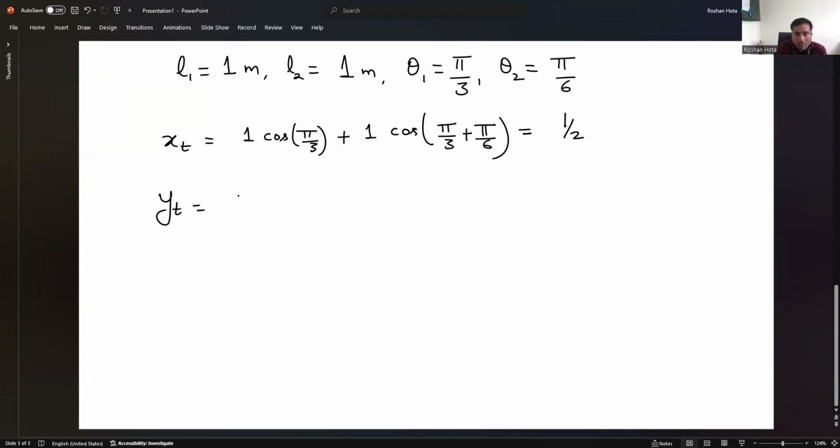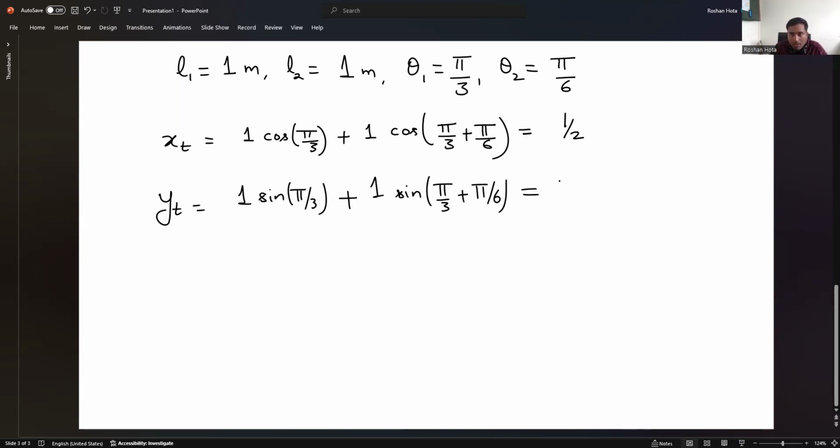Similarly, y tip will be given by 1 sine pi by 3 plus 1 sine(pi by 3 plus pi by 6). So this value will be 1 into root 3 by 2 plus 1 into sine of 90 degrees, which is 1. Okay.